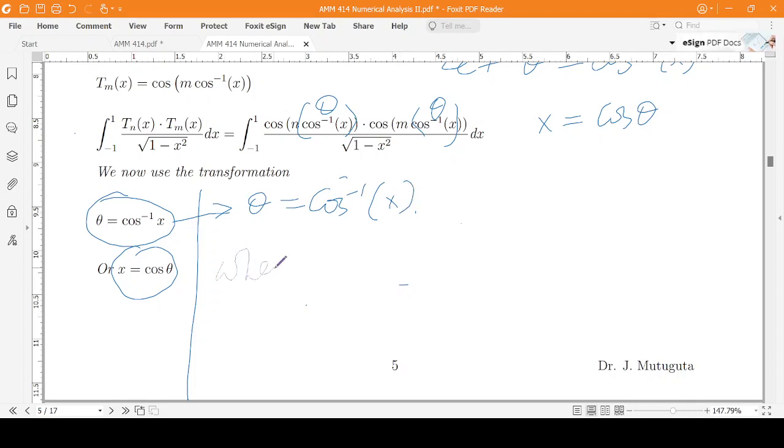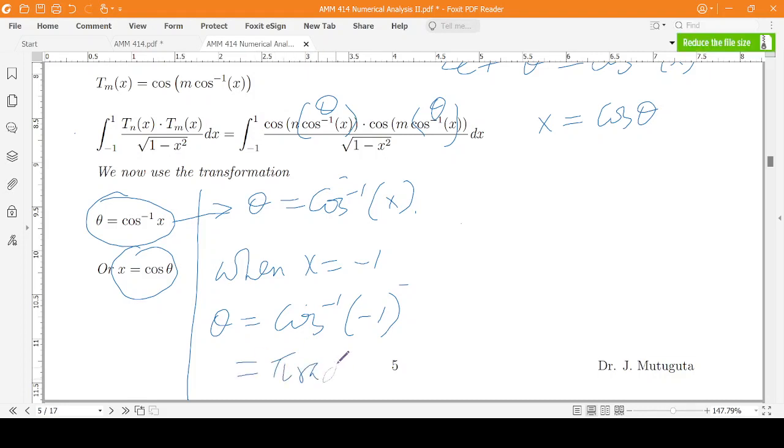So we can say when x is minus 1, this is the lower limit, theta will be cos inverse of negative 1. And we know that cos inverse of negative 1 is 180 degrees, which is the same as pi radians. So the lower limit will become pi radians.